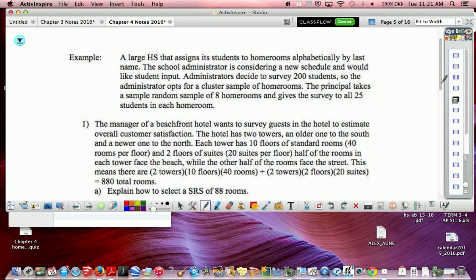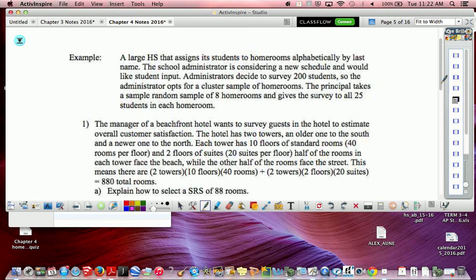The hotel has 2 towers, an older one to the south and a newer one to the north. Each tower has 10 floors of standard rooms, 40 rooms per floor, and 2 floors of suites, 20 suites per floor. Half the rooms in each tower face the beach, while the other half face the street.